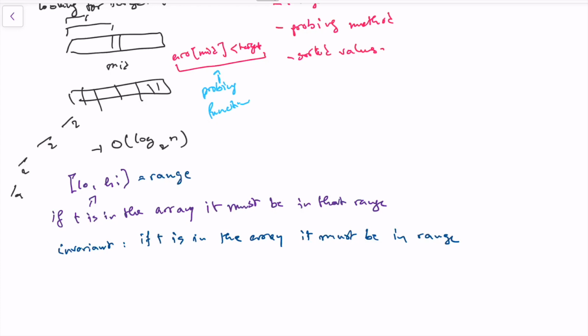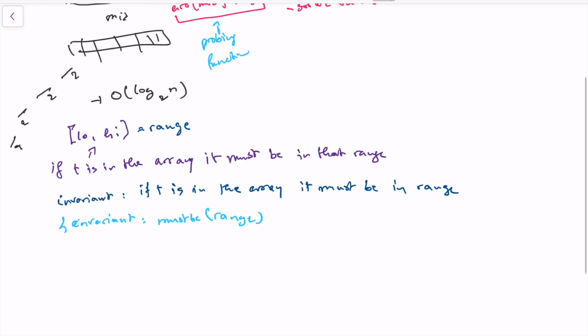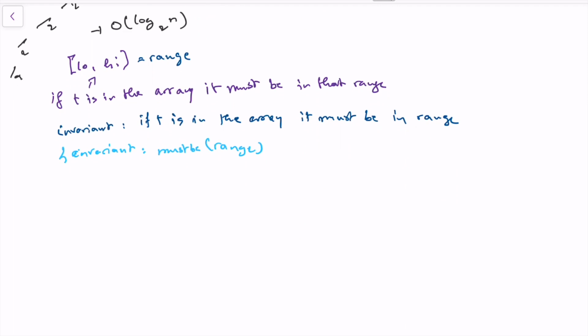And so let's write that as the invariant like this, and it must be in range, which is just an abbreviation of what I wrote earlier. And so our binary search code would be something like this.